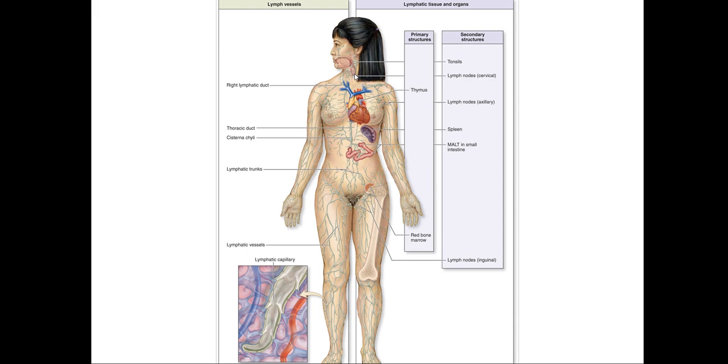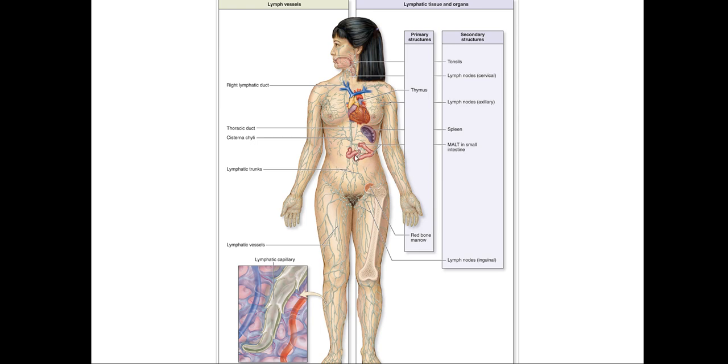as in cervical, according to their position, axillary, inguinal, and so on. Lymph nodes. While the lymphatic nodule that is distributed in the gastrointestinal and respiratory systems represents the secondary structure.